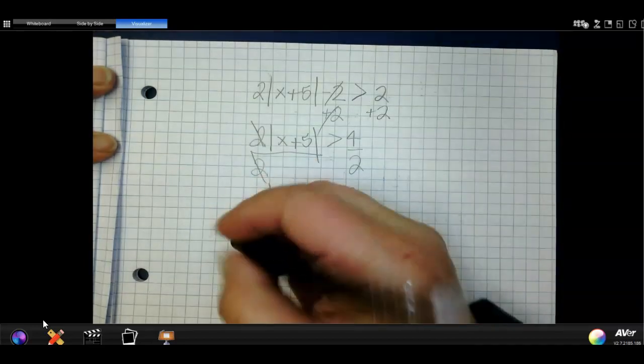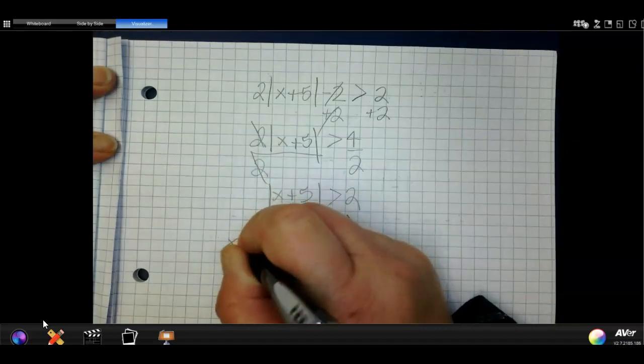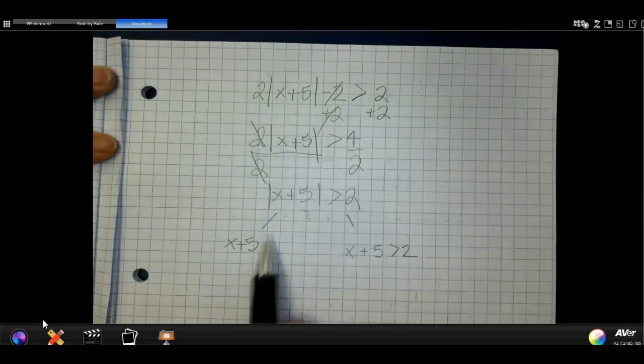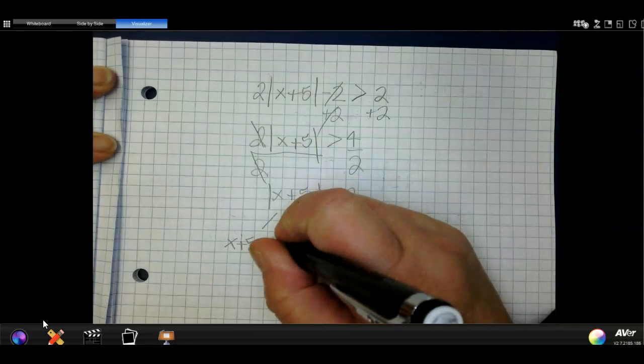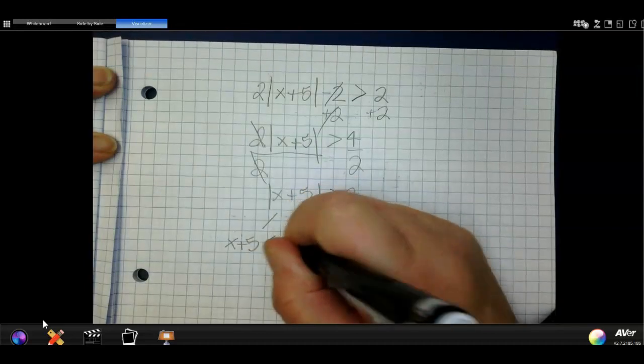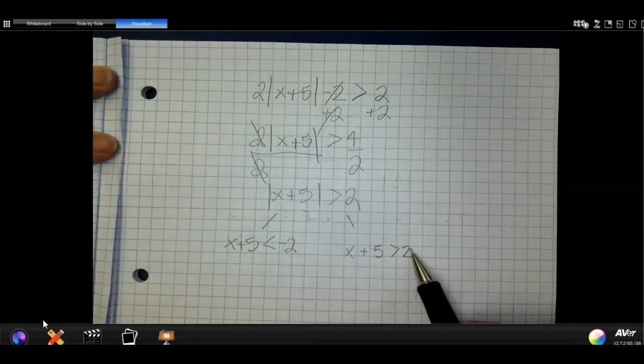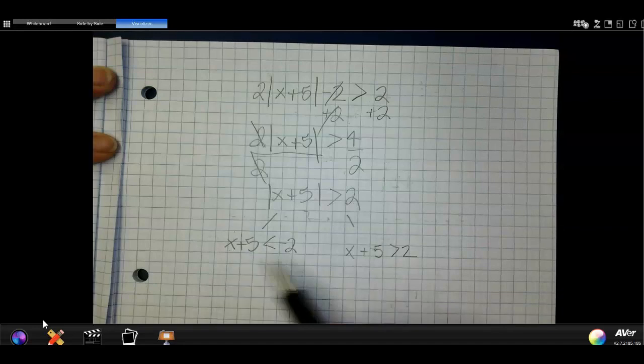Over here, I'm going to solve x plus 5, but this time I'm flipping the sign for the negative number. So it's x plus 5 is less than negative 2. Remember, I showed you why. Because as my numbers get bigger in the negative direction, they're actually getting smaller.